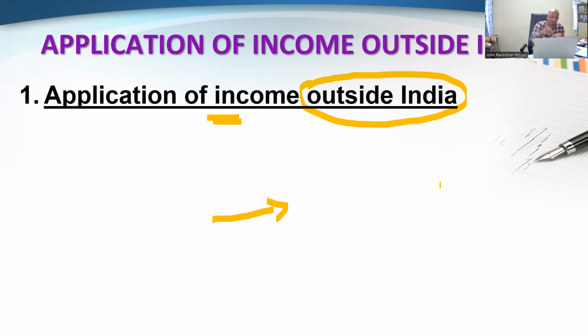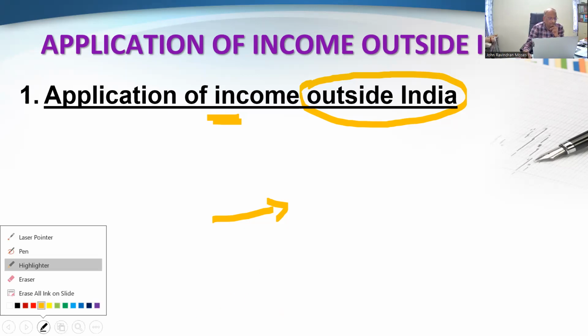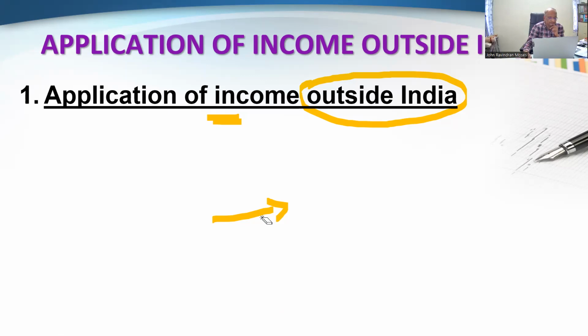I will send money to you for the social work, for the charitable work that you will carry out on my behalf in Sri Lanka. That will be application of income outside India, because we are not allowed to carry out any activity outside India.